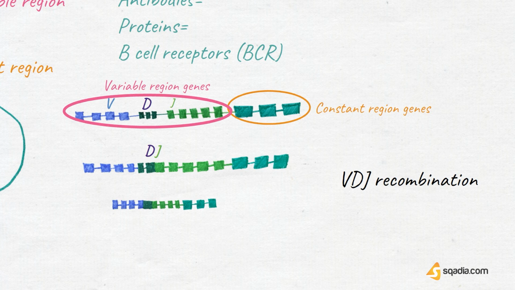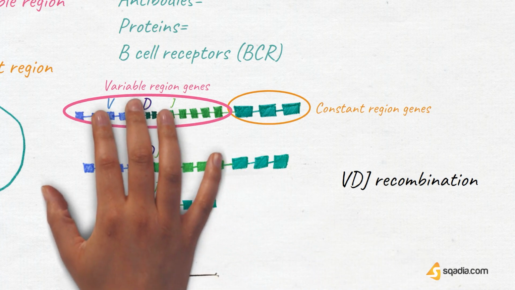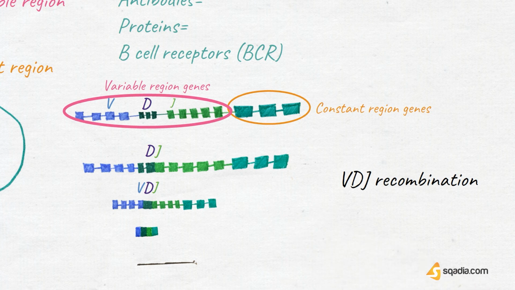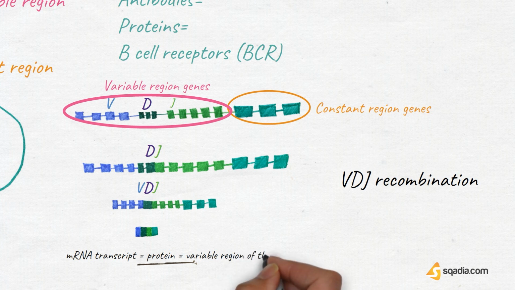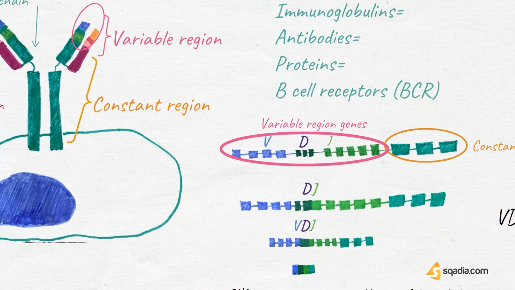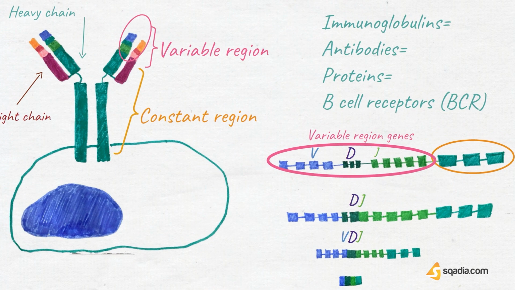And then, a part of the genes of the V section is added, forming a section called VDJ. So when this part of genes is transcribed to mRNA and then translated to a protein, we get the variable portion of the antibody. Any of these small squares can be combined to the others in a different order, and it is the random combination of these segments that creates the vast diversity of antibodies. Fascinating, right?